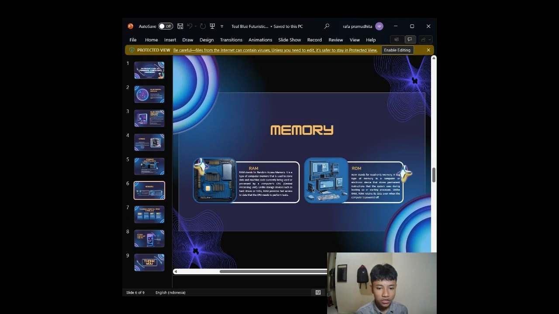Witness how innovation in memory technology is pushing the boundaries of storage, ensuring that the symphony of data continues to evolve and enrich our digital experience.